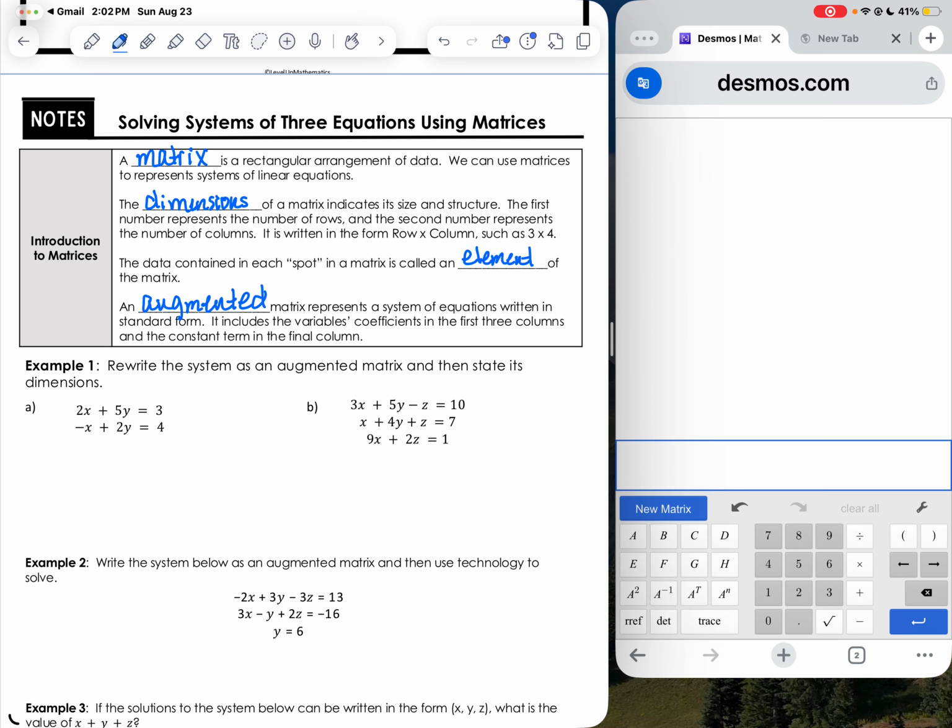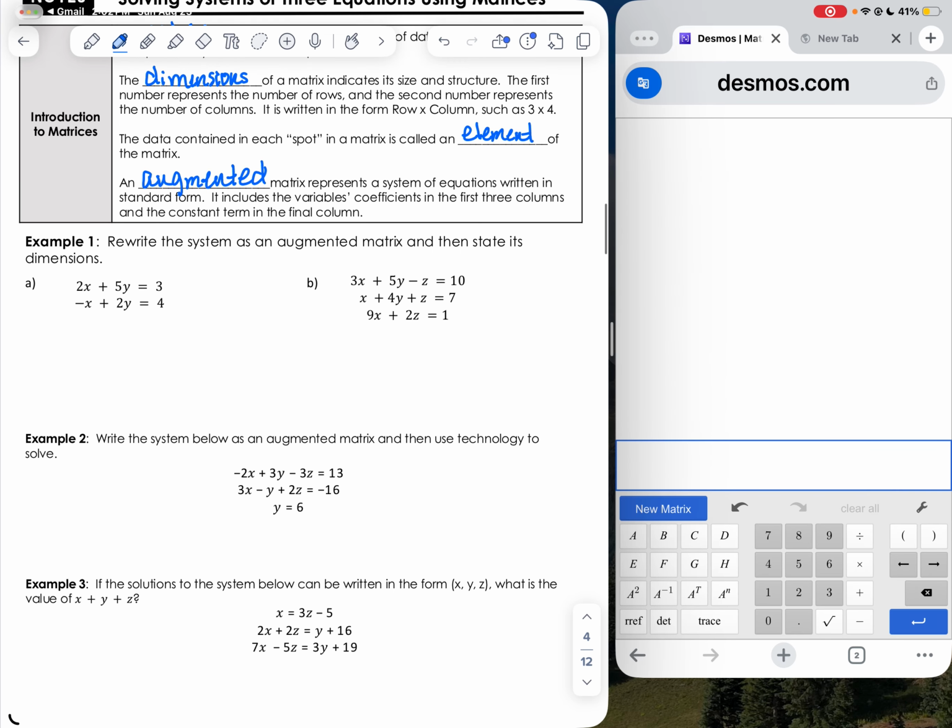In example 1, it says rewrite the system as an augmented matrix and state its dimensions. So in problem A, we have a system of two equations and two unknowns. So our augmented matrix, we use brackets to indicate it's a matrix.